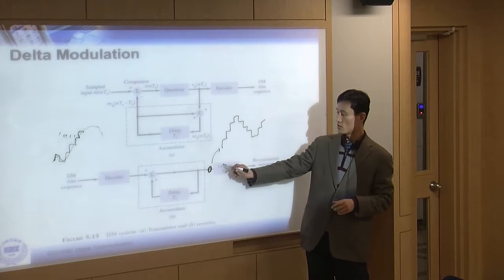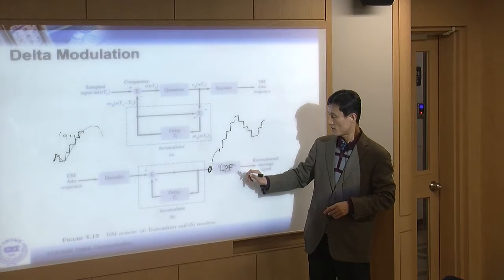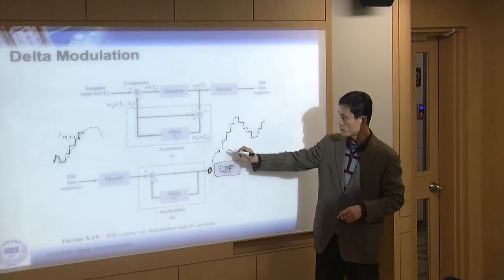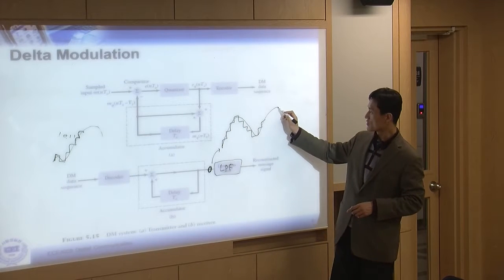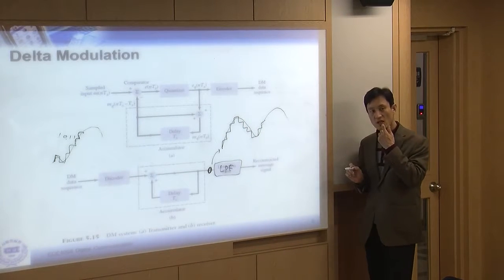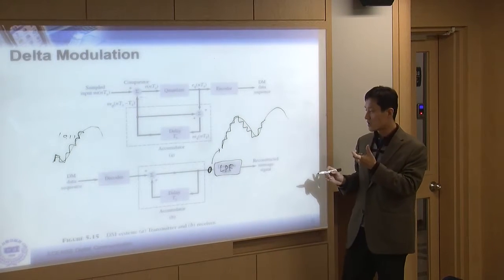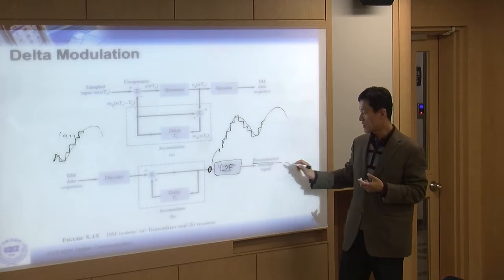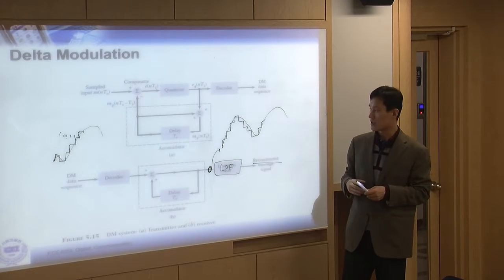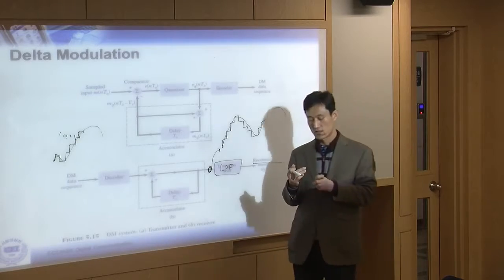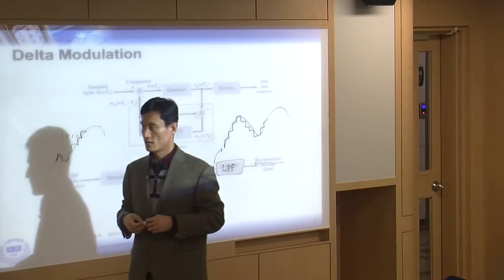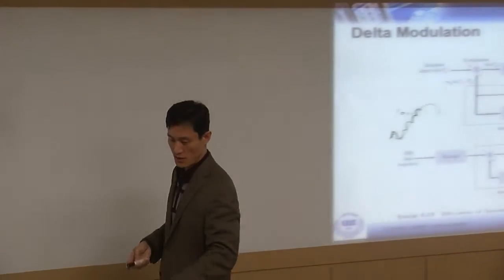After that, we go through the low pass filter because we want to get this output. Smoothing. We are trying to do smoothing. After that, we are reconstructing the original smooth signal, right? So that's the whole story.